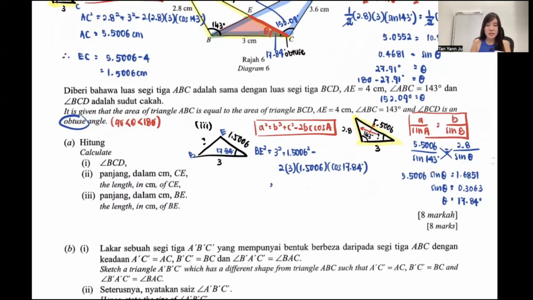Let's press the calculator: 3 squared plus 1.5006 squared minus 2 times 3 times 1.5006 times cos 17.84 degrees. Square, move it over, square root. So the BE answer is 1.6374 cm. Done.